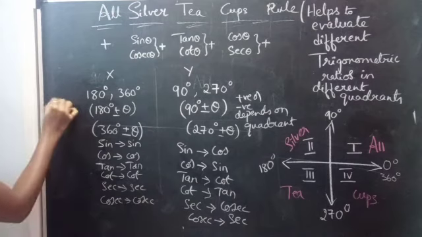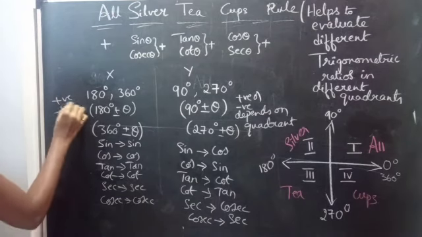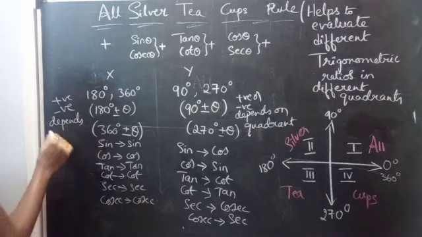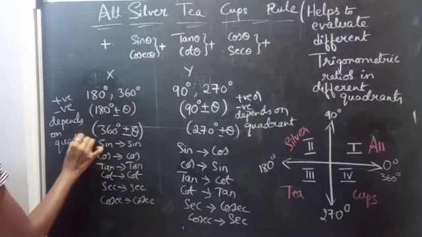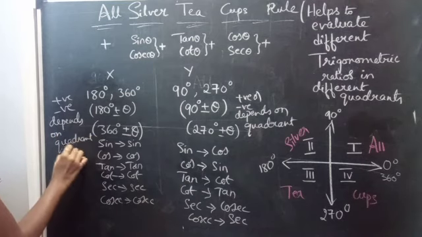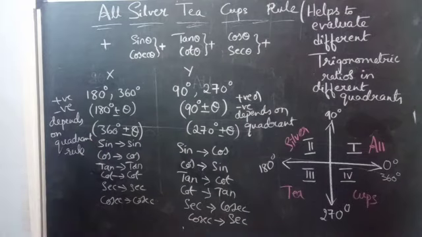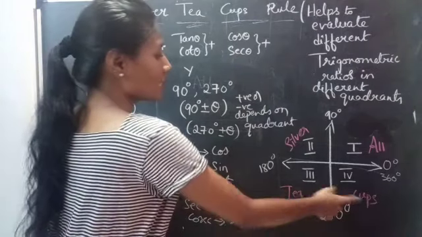And the positive or negative sign depends on the quadrant rule, that is, the All Silver Tea Cups rule.